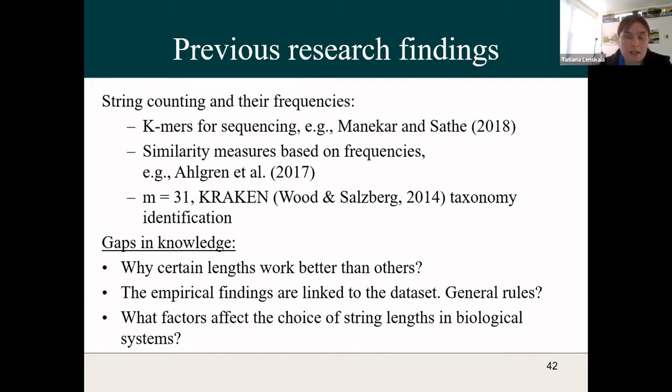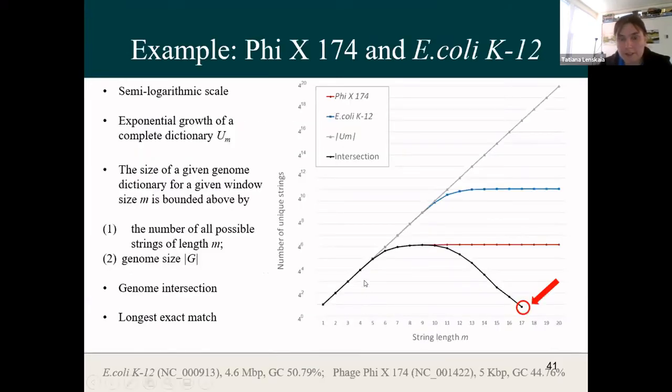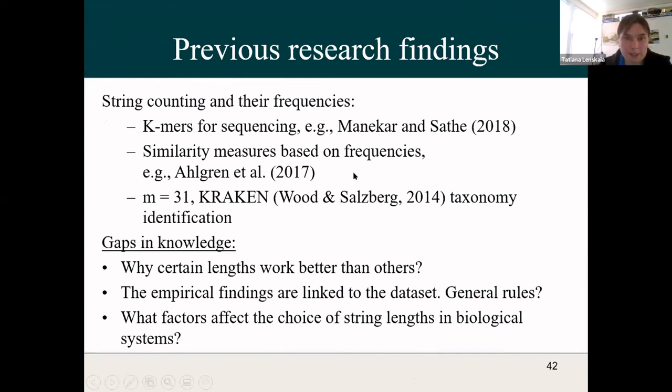Based on that, you can separate different genomes by the frequency of these strings, and that's exactly what was previously done. There were many different similarity measures that can be computed based on frequencies. And also for longer strings, for example, M equals 31, there is a database called Kraken that allows taxonomy identification based on these long strings.